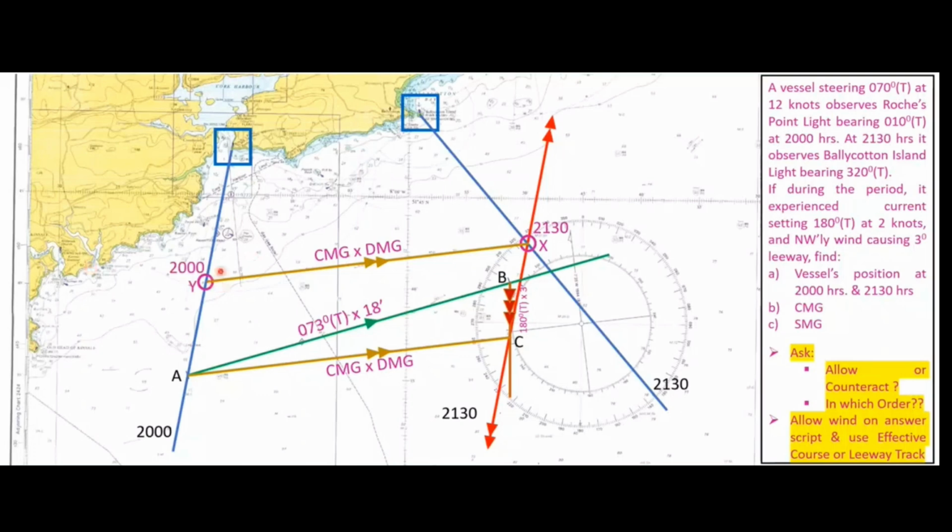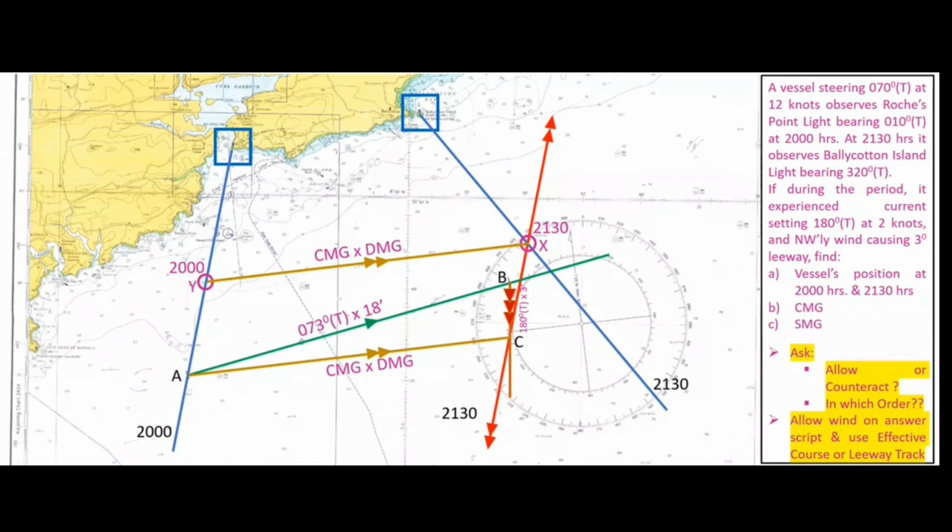So point Y is the fix at 2000 hours, point X is the fix at 2130, Y to X is the CMG, and distance Y to X is the DMG in 1.5 hours, giving us the SMG. So now we have seen the examples in which we had no wind, no current, then only wind, then only current, and now wind as well as current.